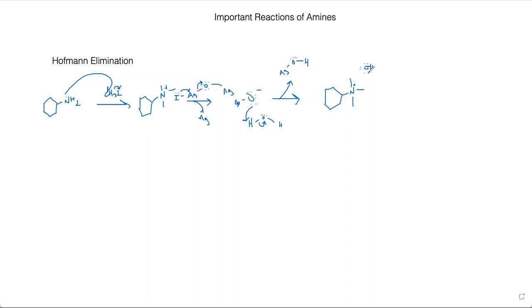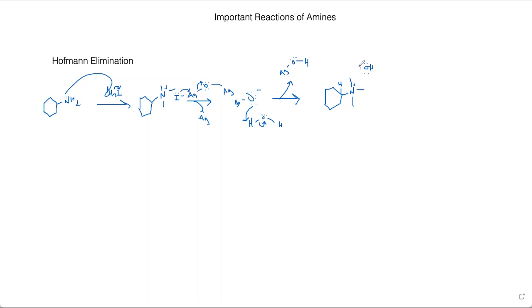So we are going to attack the hydrogen. I don't know if it's called an alpha hydrogen when it's in relation to a nitrogen, but basically the hydrogen of the carbon closest to that nitrogen.